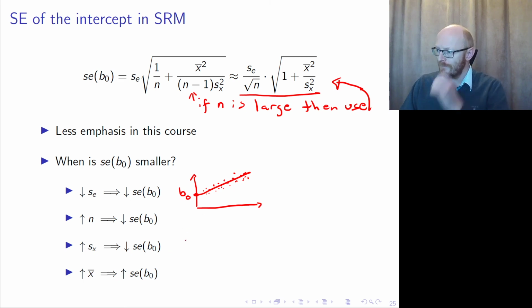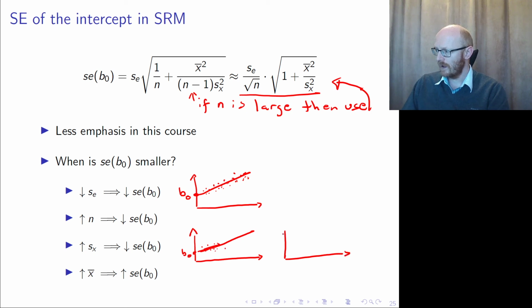And something which needs to be explained more would be these last two points. The standard deviation of x, if this is higher, then you have more information about the slope, and you get a better estimate of the intercept.